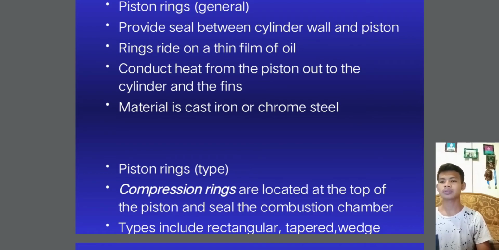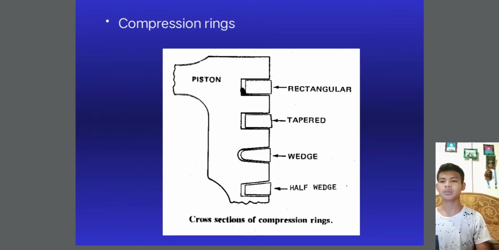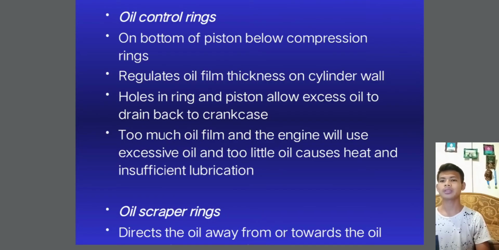Piston ring types. Compression rings are located at the top of the piston and seal the combustion chamber. Types include rectangular, tapered, wedge, and half wedge. The oil control ring, on the bottom of the piston below the compression ring, regulates oil film thickness on the cylinder wall.